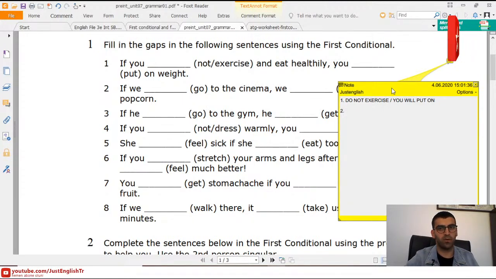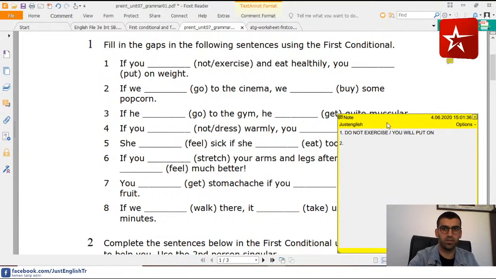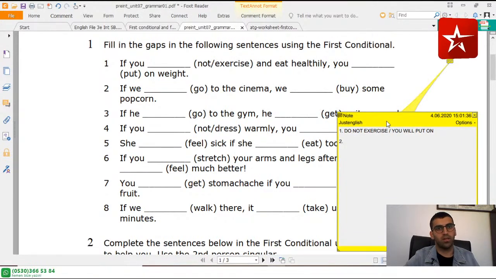And let's keep going with number 2. Number 2, if we blah blah blah to the cinema, we what? If we go to the cinema, they say we will buy some popcorn. Mustafa is really active today.